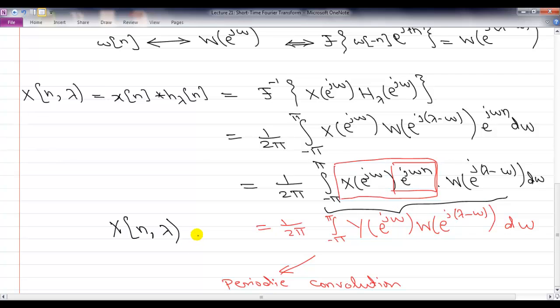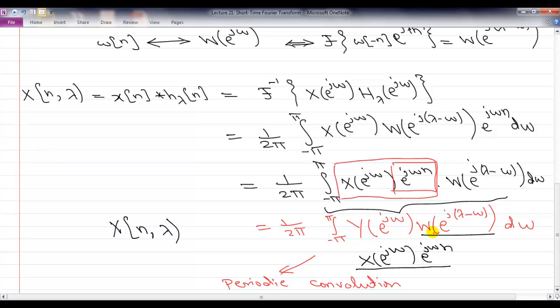When you fix n, you are getting periodic convolution between X(e^{j omega}) times e^{j omega n}. What is e to the j omega n? For fixed n, that is just a phase shift. So you are computing periodic convolution of X(e^{j omega}) times e^{j omega n} with the Fourier transform of your window W. So all the things that we had talked about in spectral analysis using DFT hold here.